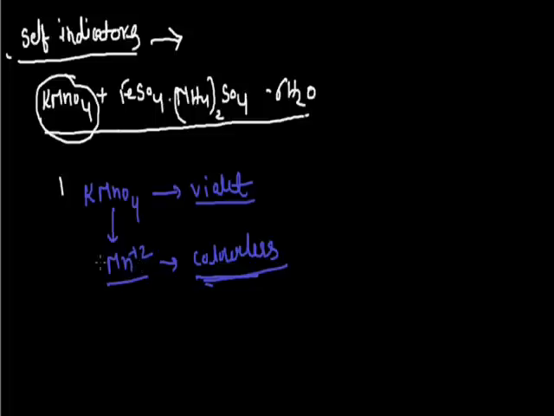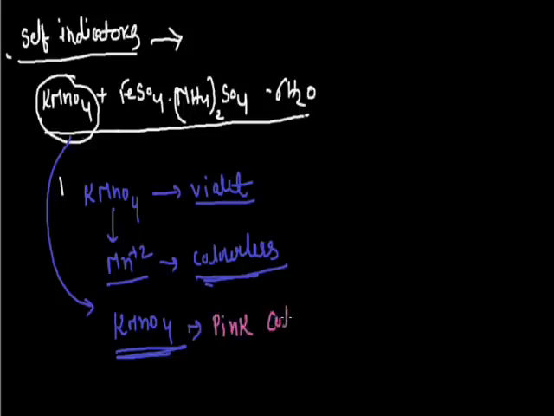But after the completion of the reaction, if we add even a single drop of KMnO4, then due to this last drop of KMnO4 the color of the whole solution becomes light pink. So this light pink color indicates that our reaction is complete.